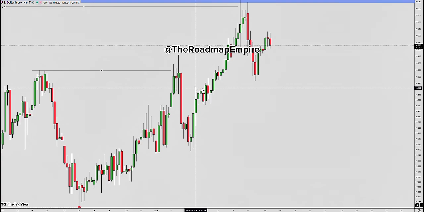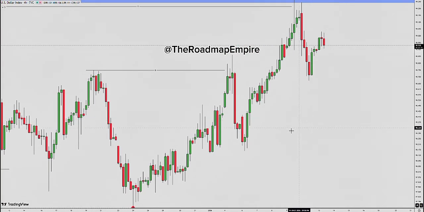This is the H4 time frame, and we are looking at chart patterns from which the market would give us stronger confirmations.